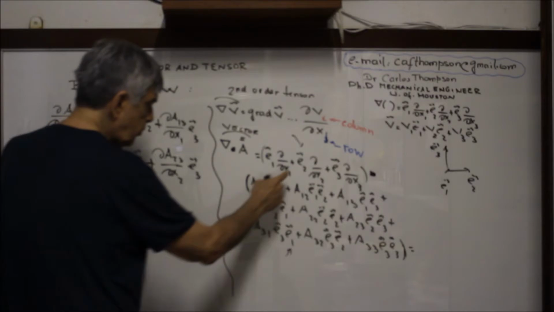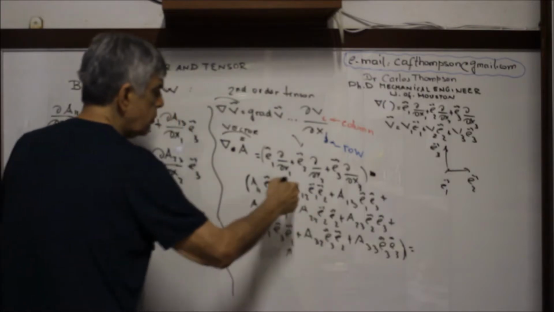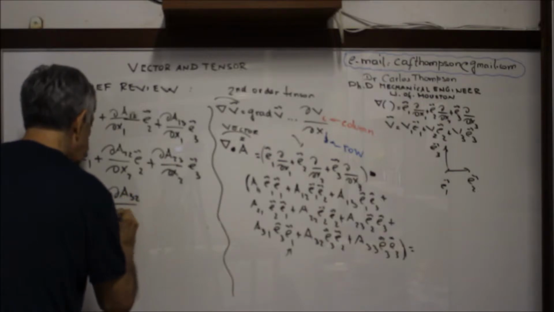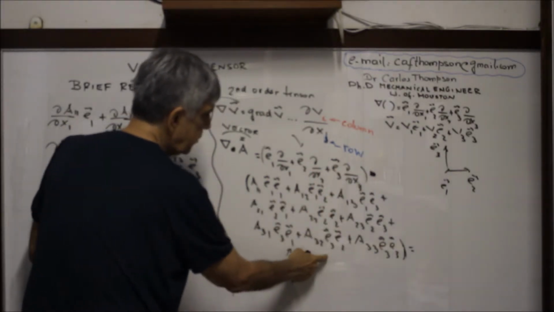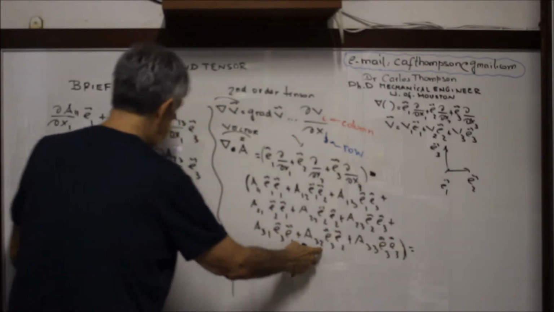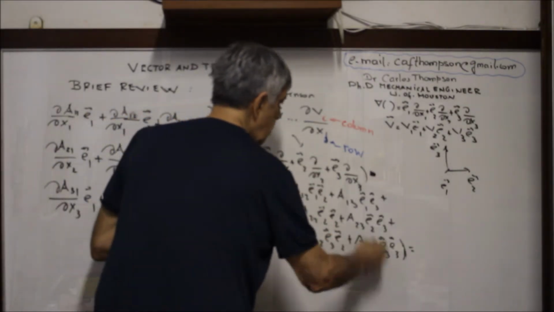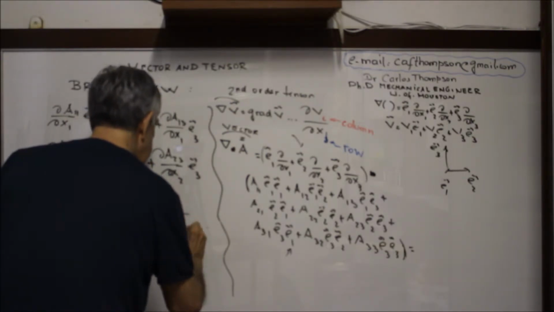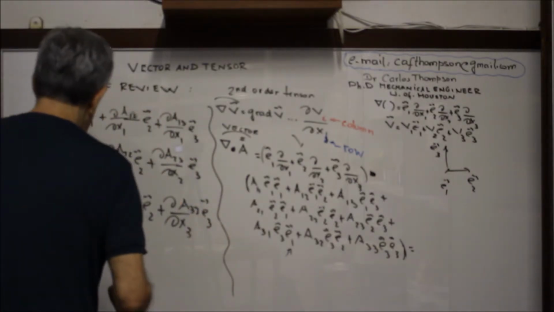Plus, now, E3 dot E3 will be 1, so partial of A32 with respect to X3, E2. Plus, the last one, E3 dot E3 is 1, so partial with respect to X3, A33, E3.